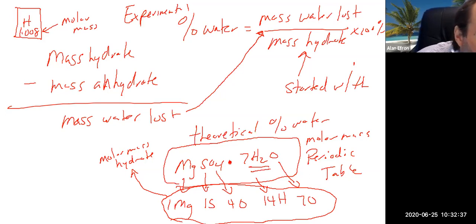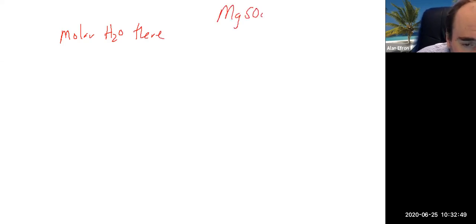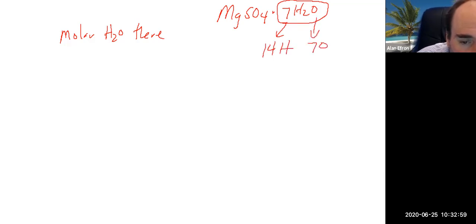Now, once you get the molar mass of the hydrate, the entire thing, you need the molar mass of the water that's there. And again, in the formula, there are 7 waters, right? Which means you need to go to the periodic table again and get the mass of 14 hydrogens and 7 oxygens, right?